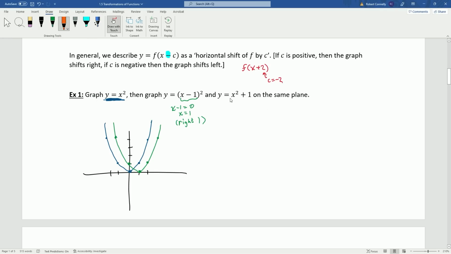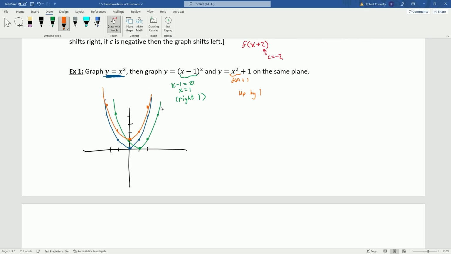Now here, we're taking f of x and adding 1 to it. So this is a shift up by 1. So you start with your original graph in blue and just shift every point up 1. It's not a perfect picture, but hopefully it's clear enough. All right, that's the basic idea there.